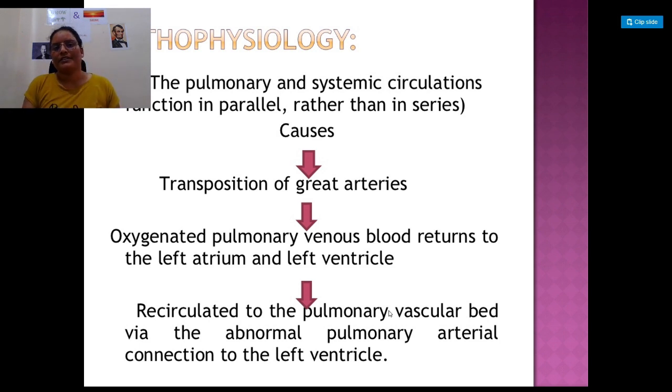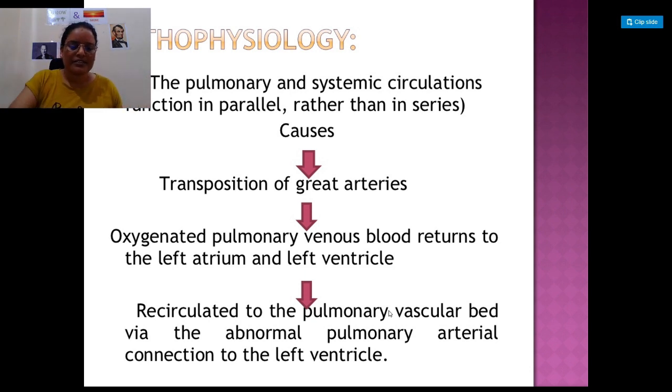But here, the aorta is in the right ventricle; the aorta receives the deoxygenated blood and gives it into the systemic circulation, to the whole body, and the pulmonary artery receives the oxygenated blood from the left ventricle and gives it again to the lungs for purification.